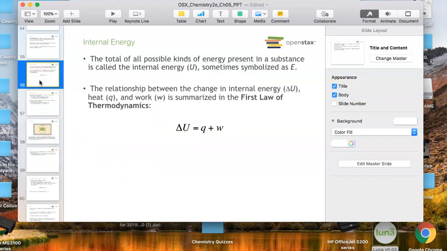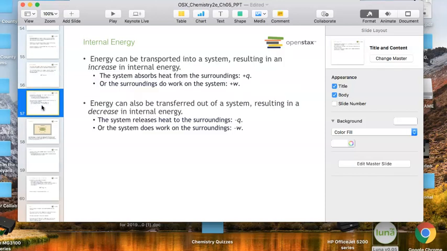Okay, so now we're going to talk about the signs of each species here, heat and work, and how that relates to some things we already know about heat, for example. We haven't really talked about work yet, but we've talked about heat. All right, so internal energy. Energy can be transported into a system resulting in an increase in internal energy.